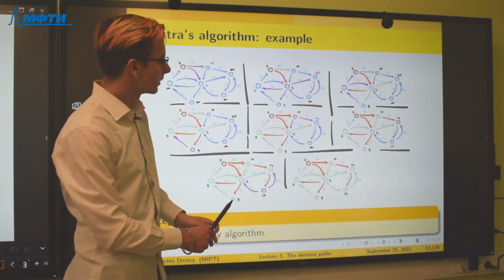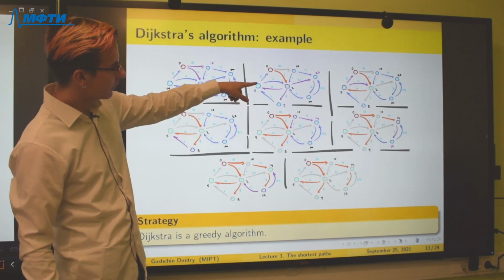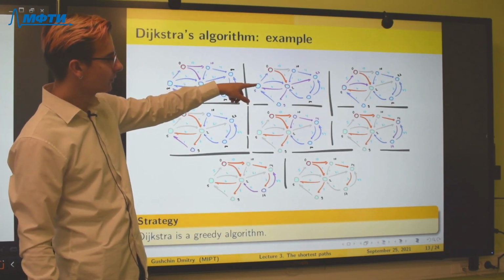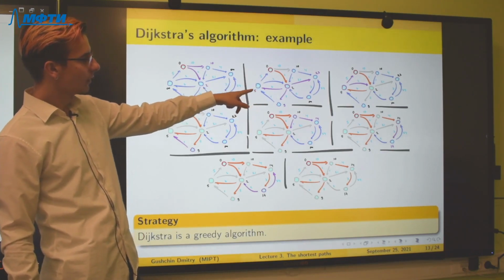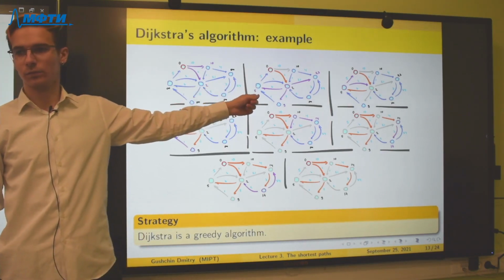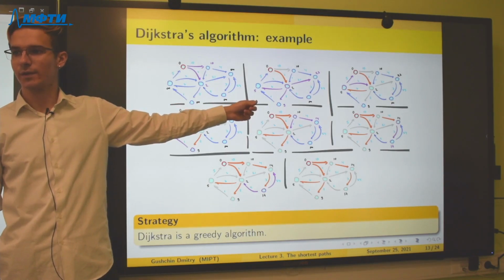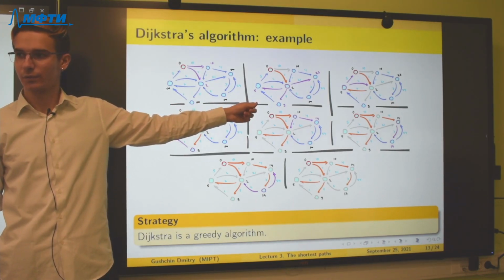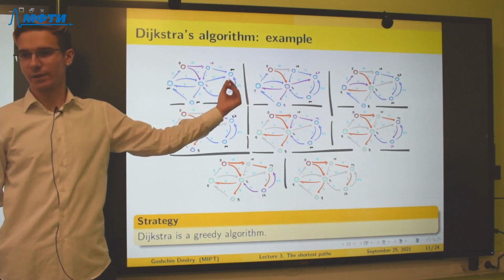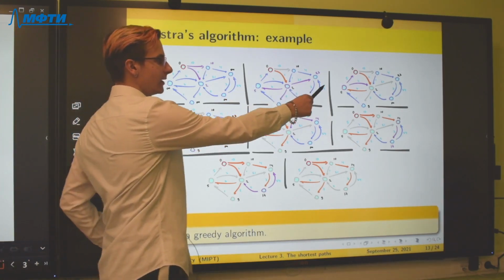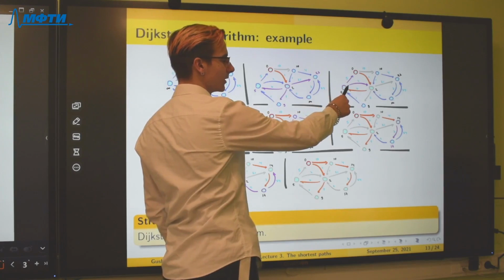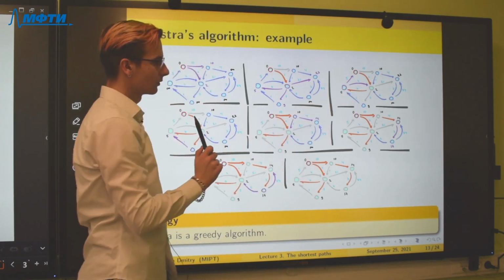Then we see that in the queue we have 5 as the vertex with the smallest distance to the source. Then we extract it too. We extract this vertex and relax this edge and this edge.